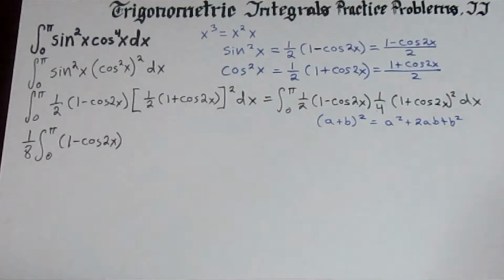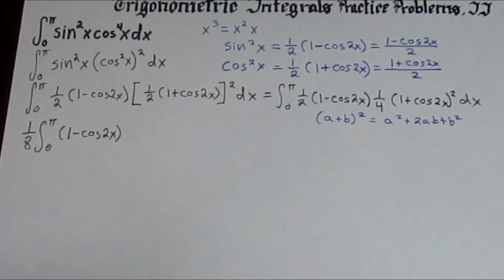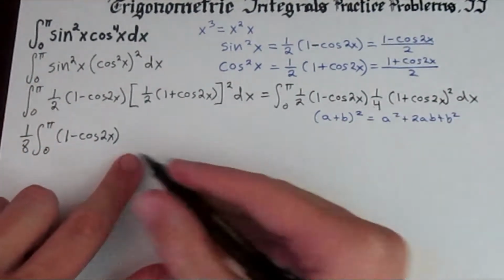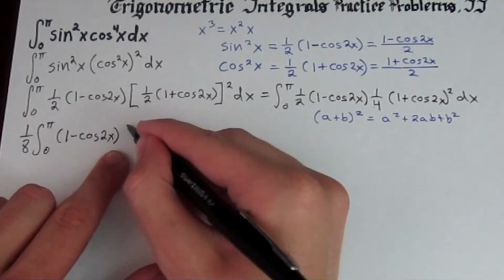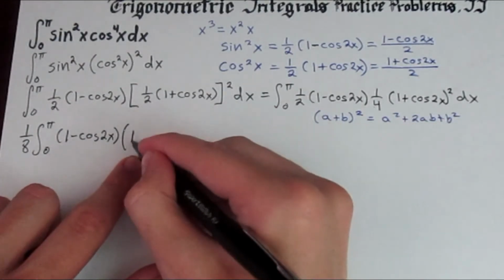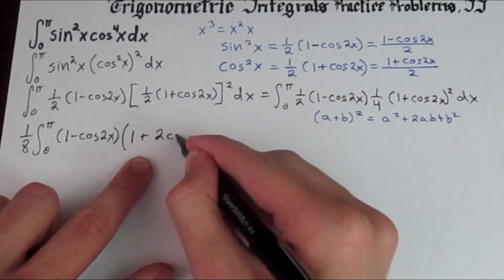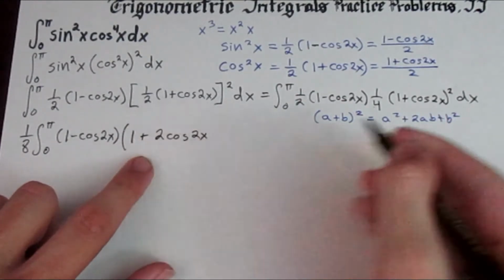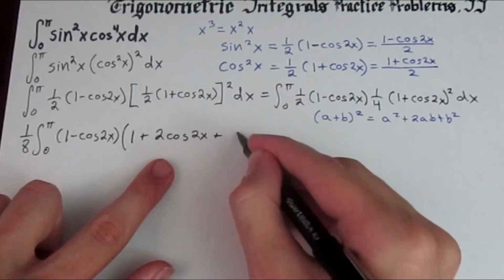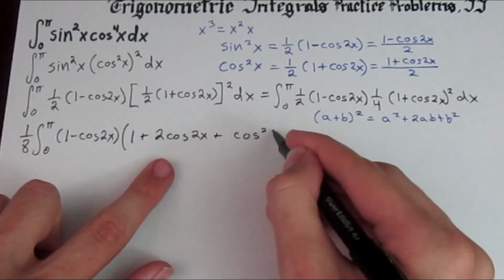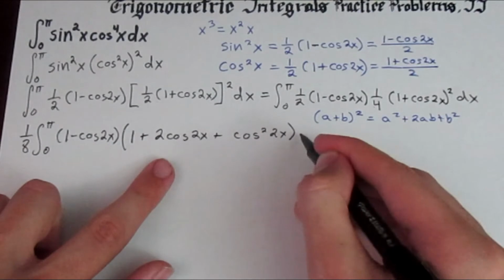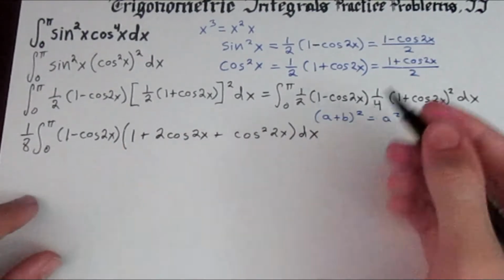Here a is 1 and b is cosine of 2x in this case. So that's going to equal 1 plus 2 cosine of 2x plus cosine squared of 2x dx.